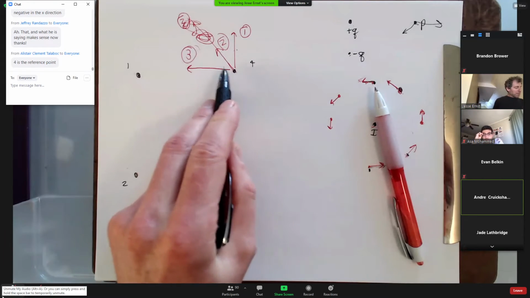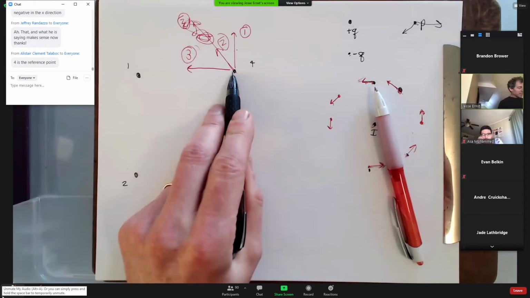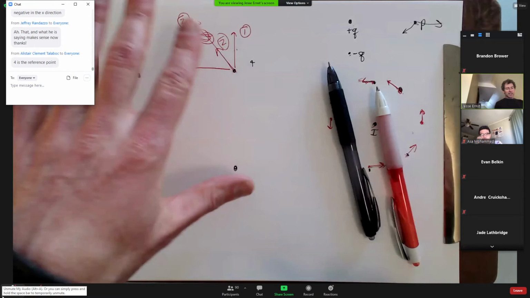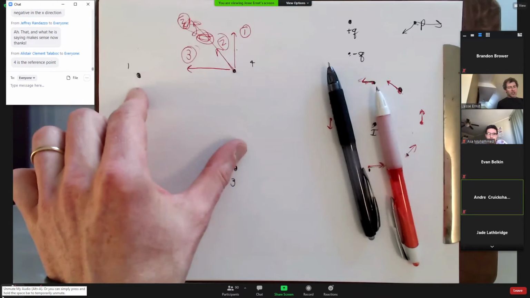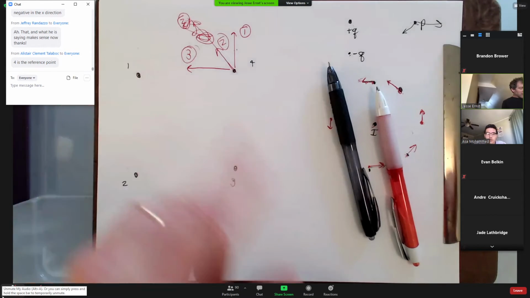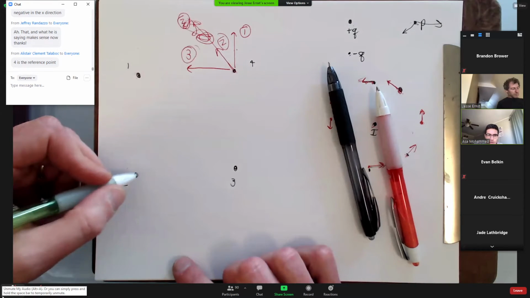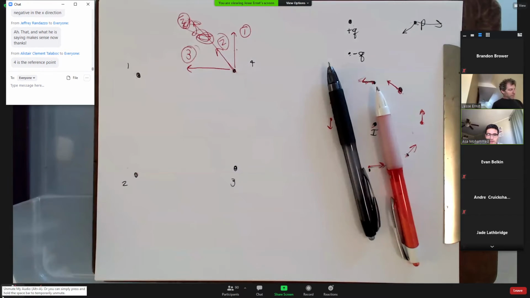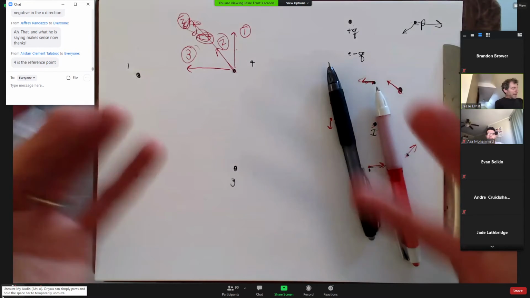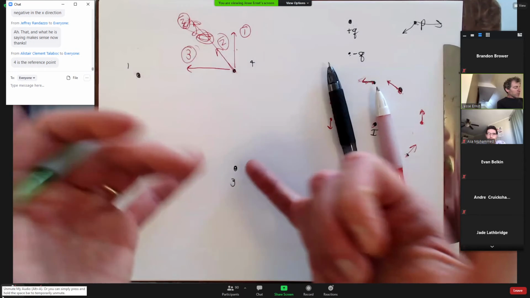But let's make a change to answer that question. Any questions so far? For this question, wires 1, 2, and 3 are the ones generating the B field, and we're just measuring it at 4. That's right. The question is, what's the B field here?